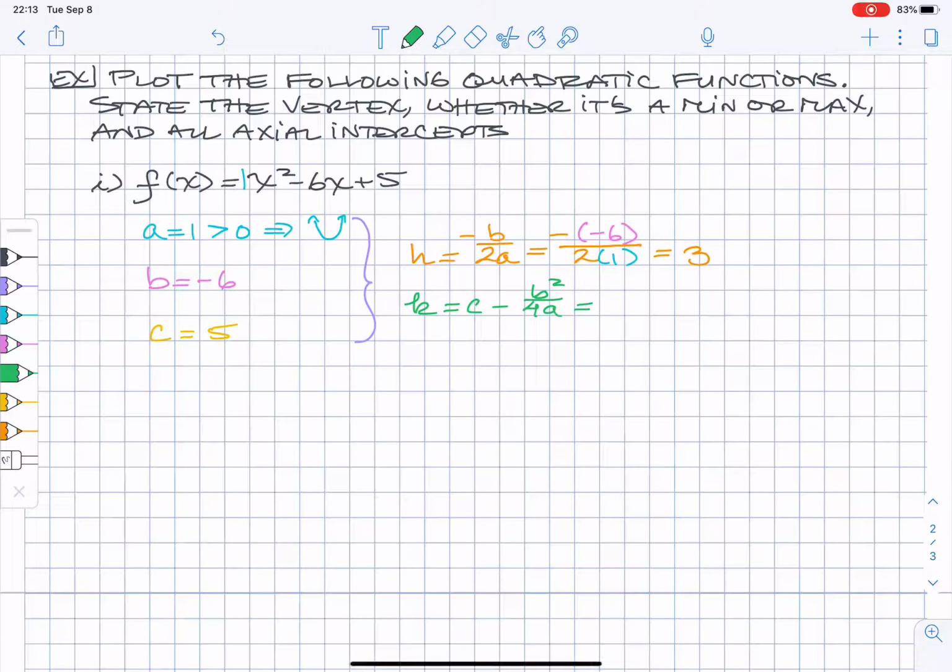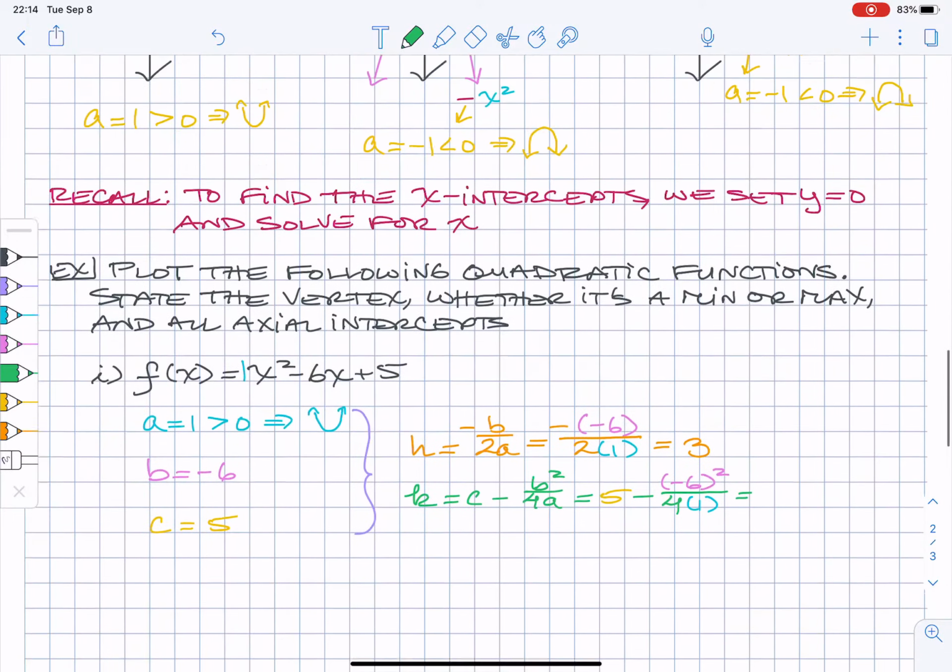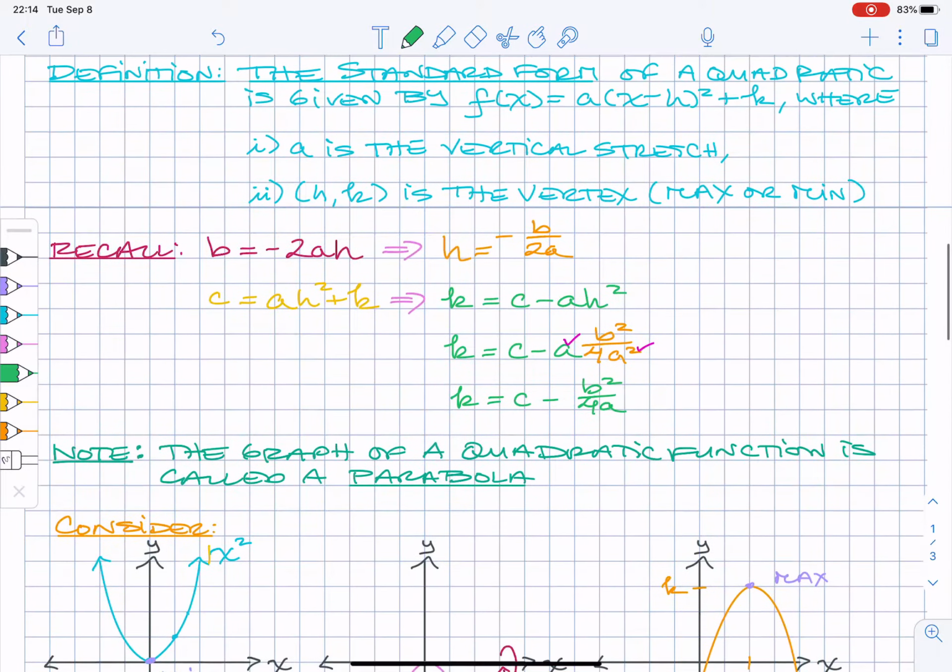So this becomes 5 minus, so b squared is going to be negative 6 quantity squared divided by 4 times a, which is just 1. Okay, so we get 5 minus... just making sure that it is b squared.